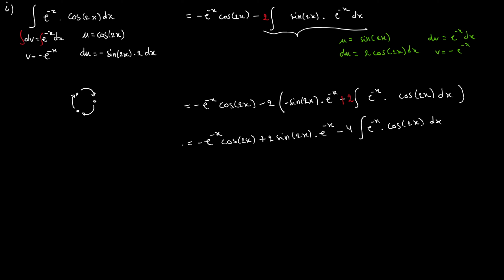Okay, and this is all equal to the integral of e to the power of negative x times cosine 2x dx. Well, what can we do now?